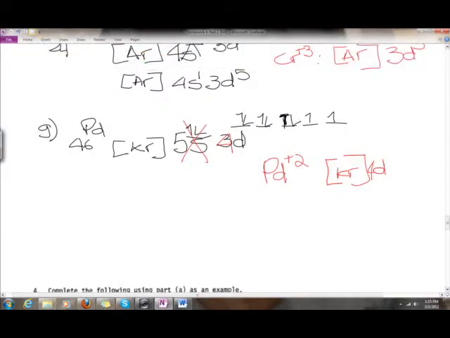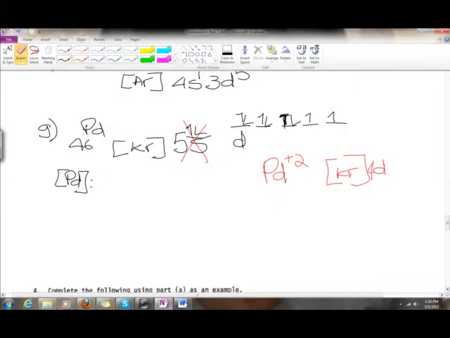I miss one here. 1, 2, 3, 4, 5, 6, 7, 8. It's going to be 5s2. Krypton, that's the PD0, and I'm sorry, its PD0 would be krypton. Let me write it again, krypton, right?